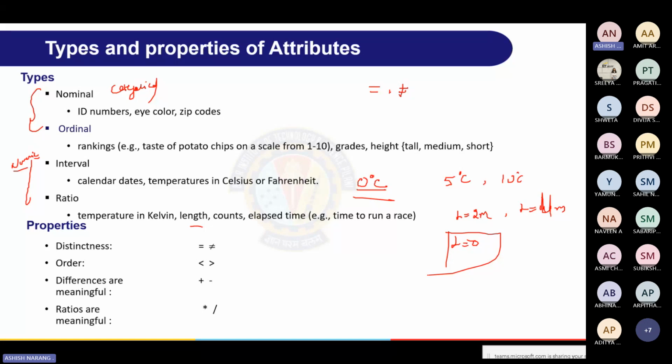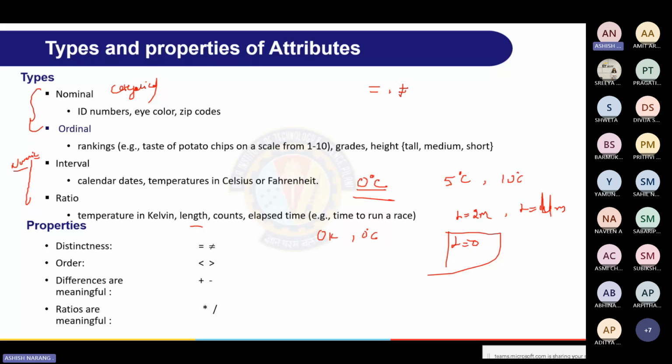Study what is the difference when you say 0 Kelvin and 0 degree. Then it will be more clear. You can Google it out. That's a good question, 0 Kelvin and 0 degree centigrade. It is related to kinetic energy and all. If you look at that physical aspect, then it will be very clear.